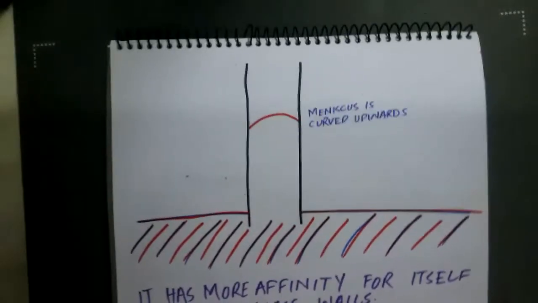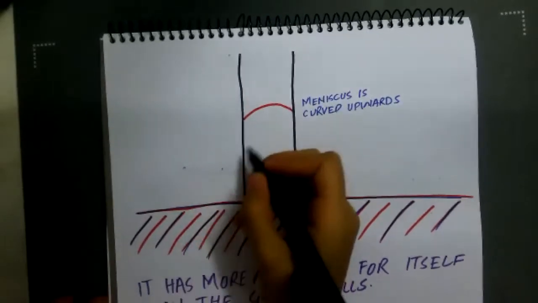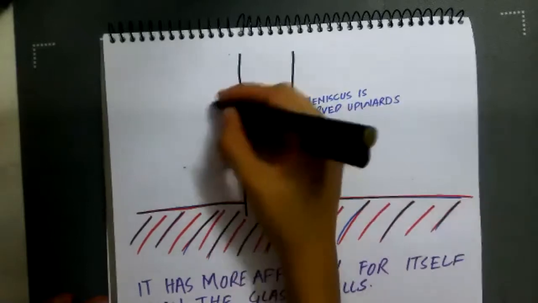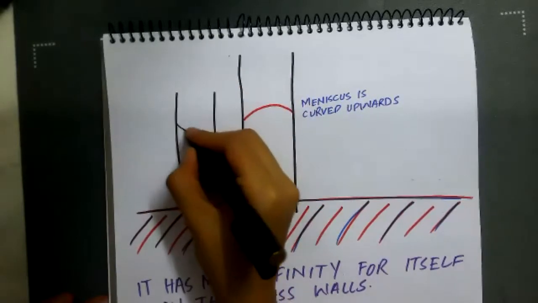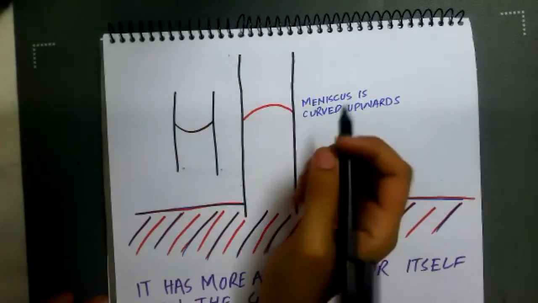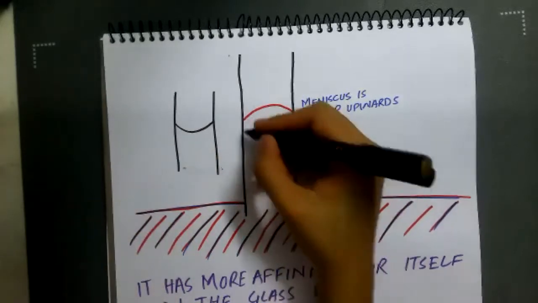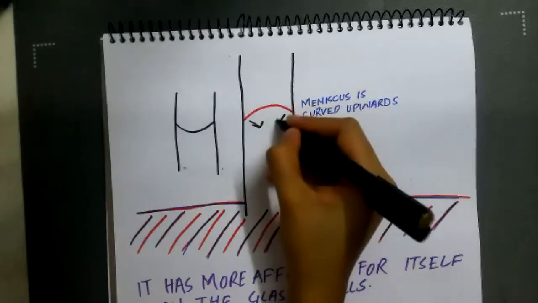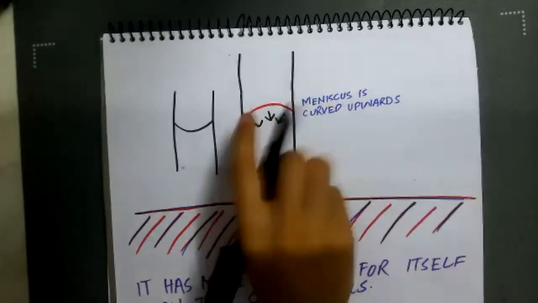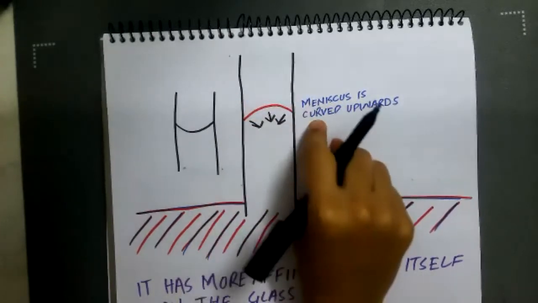That's why its meniscus is curved upwards, unlike the water, which was like this. Its meniscus is curved upwards because it's kind of pulling in on itself, so it forms this domed shape.